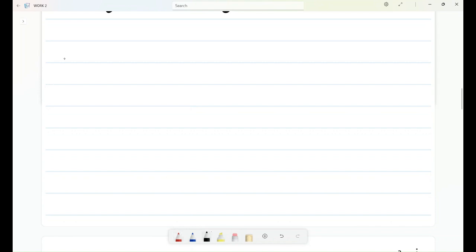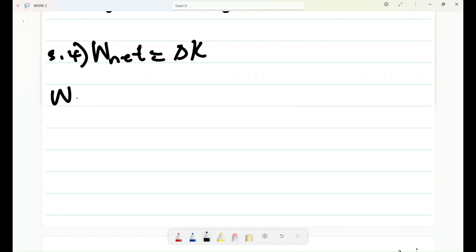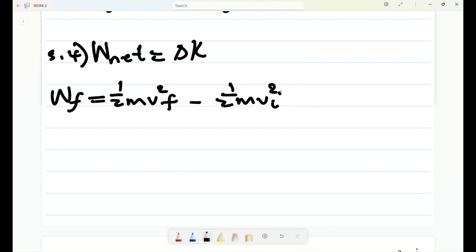In 5.4, let's use W net equal to change in K. Now, what is our W net? It is work done. Remember, W net includes all the forces acting on an object, but in this case, it is only friction. Again, they have half mv squared final minus half mv squared initial.